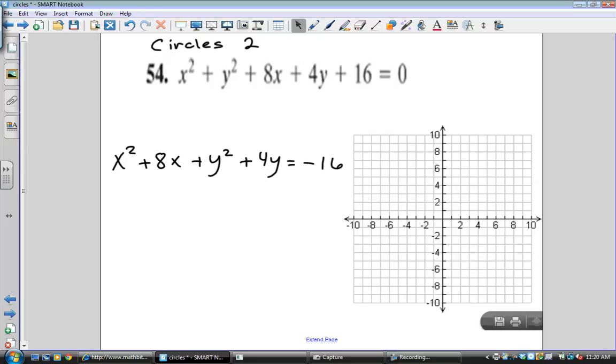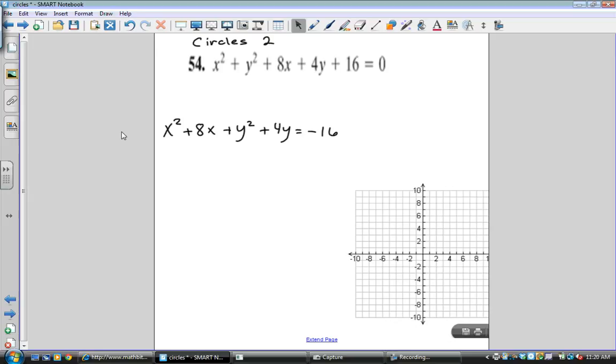Okay, so now, move this down a little bit. We're going to complete the square so we can get this quantity squared idea. And the thing is, we're going to complete the square twice, once for the x and once for the y.